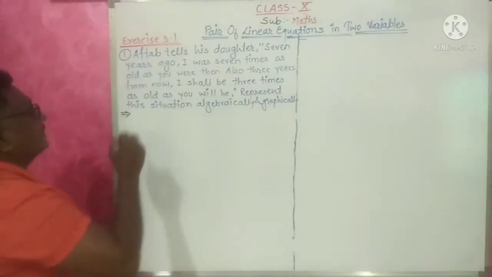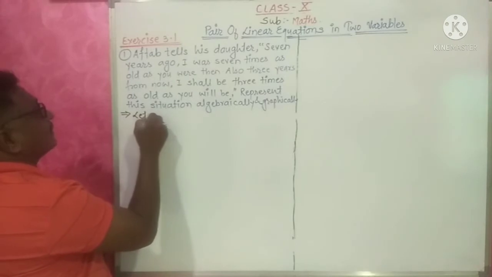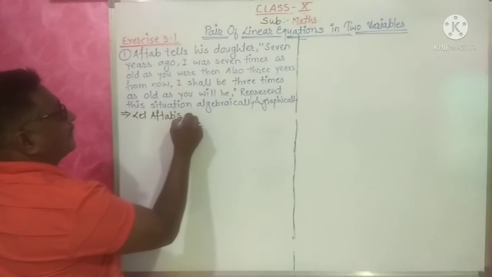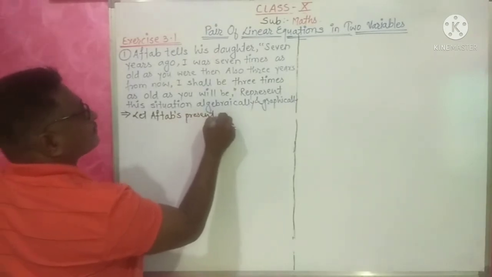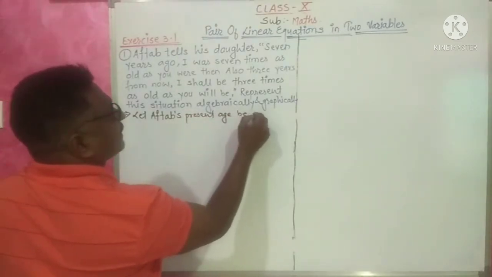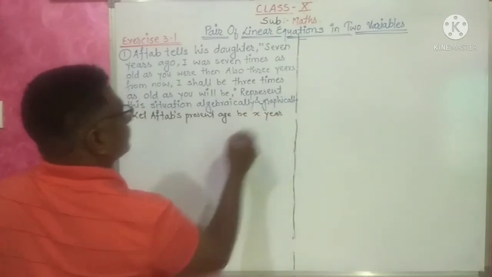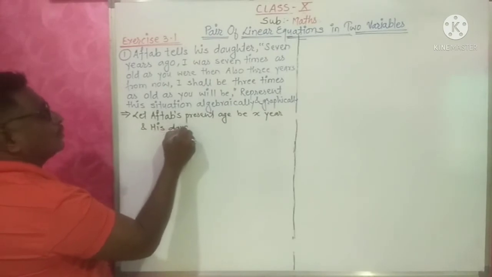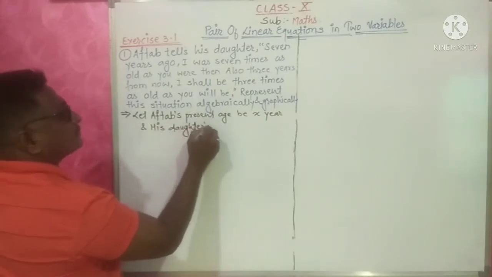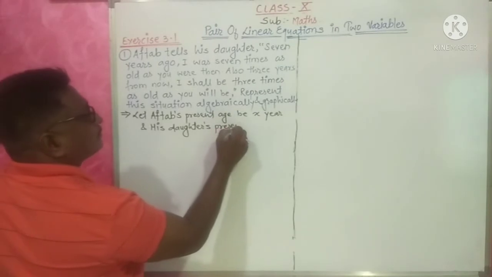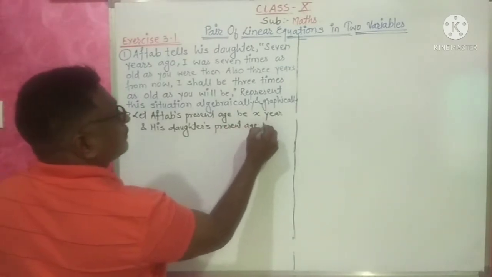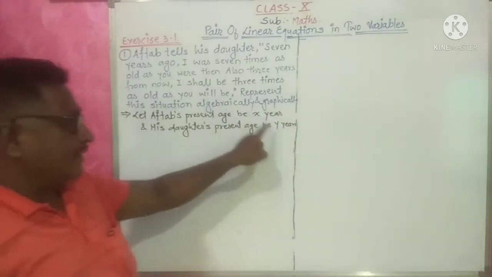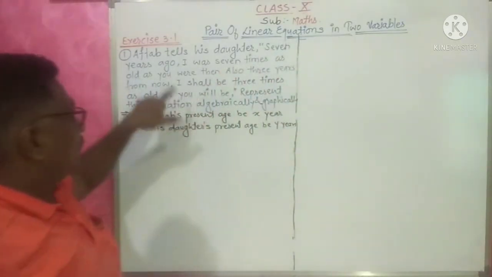Let Aftab's present age be x and his daughter's present age be y. So x and y, two variables we divided here for two persons.